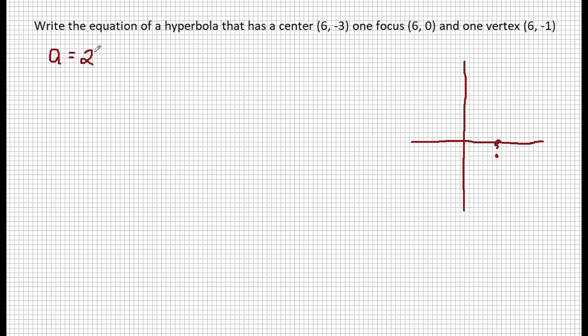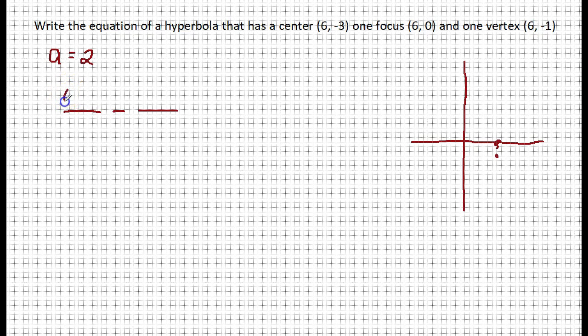Okay? And since all these points line up vertically, I know that the y squared, or y at least, is going to be here, and x is going to be here. But remember, my center is not at 0, 0. It's at 6, -3.